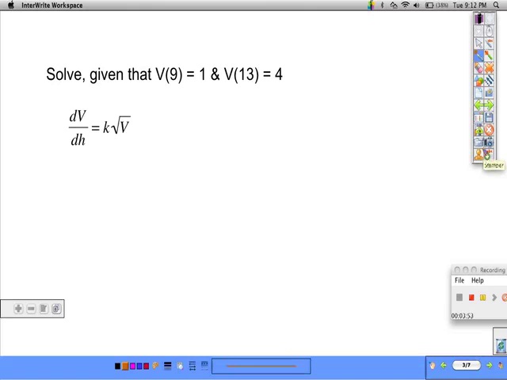Now, we want to solve this for v. Again, this derivative of v with respect to h is equal to a function of v. I want to separate this into two parts. The integral of v to the negative 1/2 dv equals the integral of k dh.